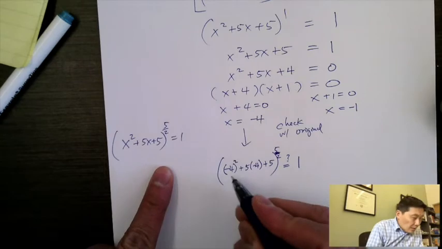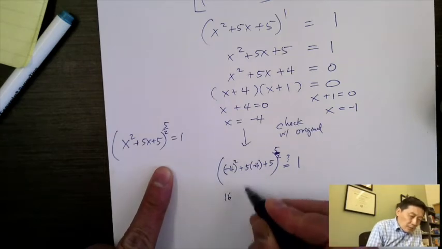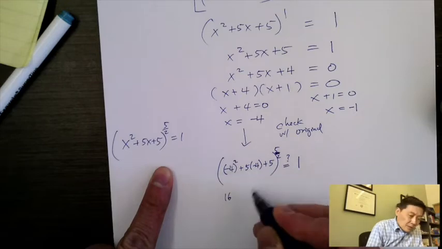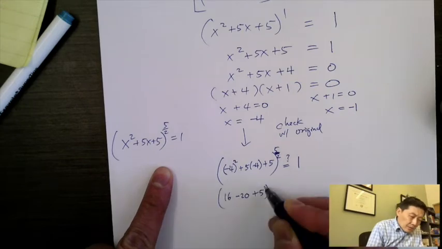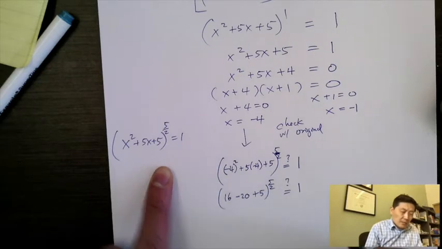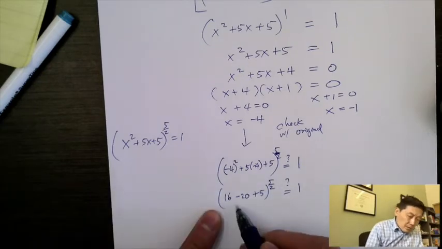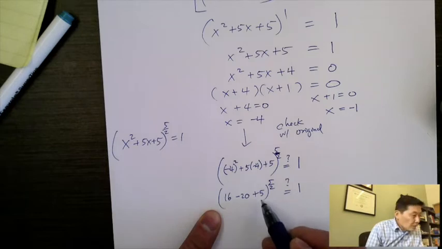So -4 squared is 16 plus 5 times -4 is -20, so -20 plus 5 to the five halves power question mark is equal to 1. So then back here, 16 minus 20 is -4. -4 plus 5 is 1.